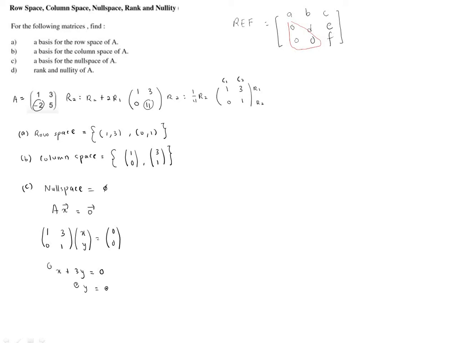And since y equals 0, we can substitute back into the first equation, and we will get x also equals 0. Again, the first equation is x plus 3y equals 0. Second equation, straight away we get y equals 0. Substitute back into the first equation. If y is 0, then automatically x also equals 0. So our null space is 0, 0.